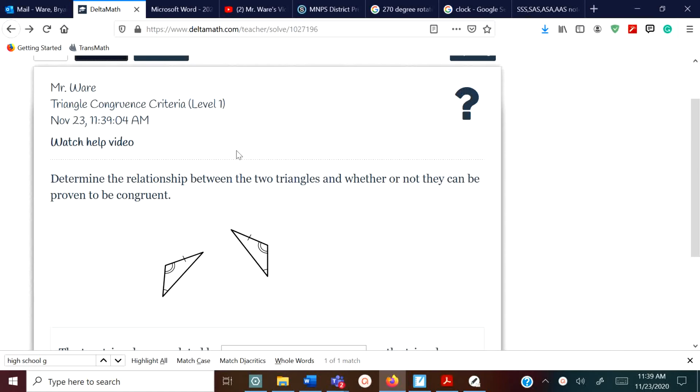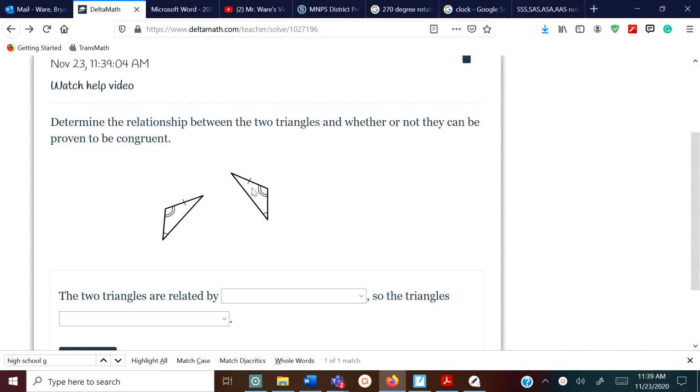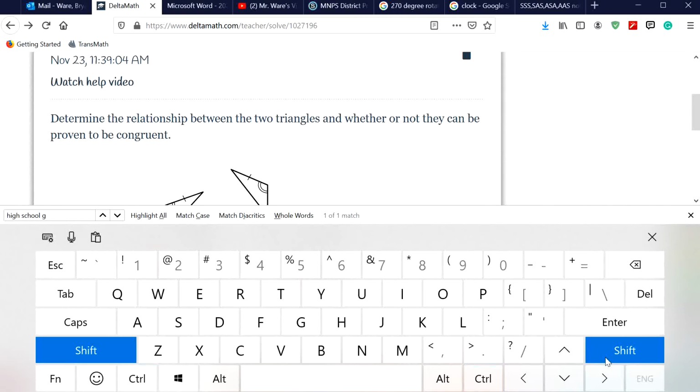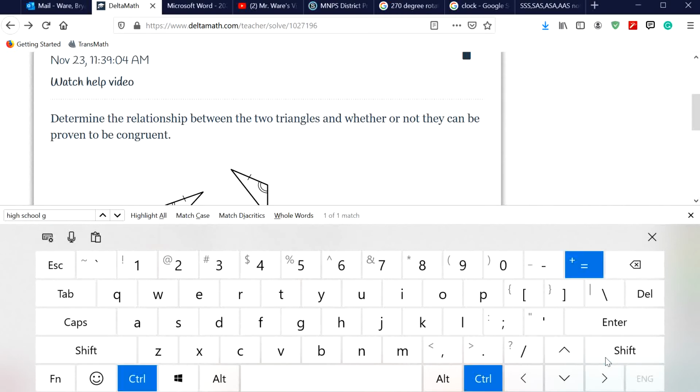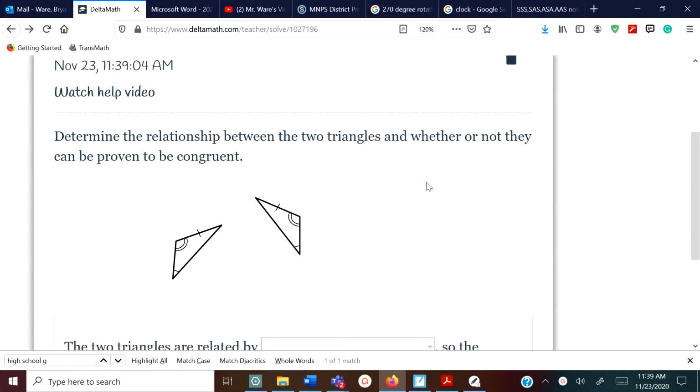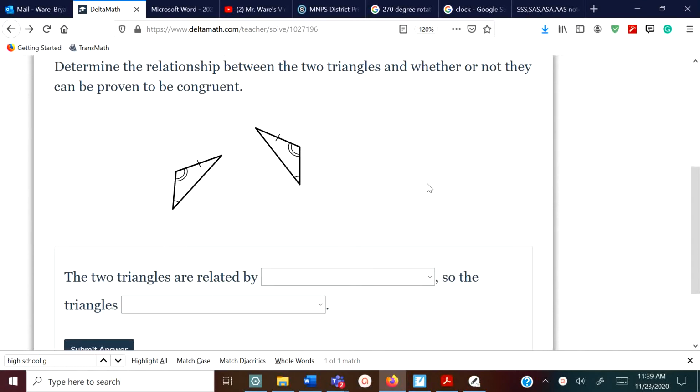Okay, so let's see what we've got. We've got two angles and a side. Two angles and a side.